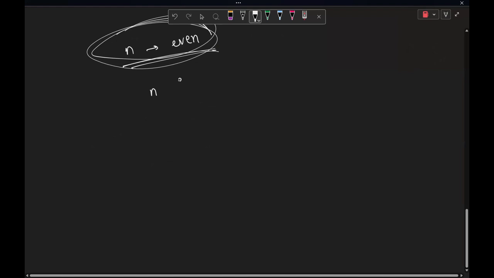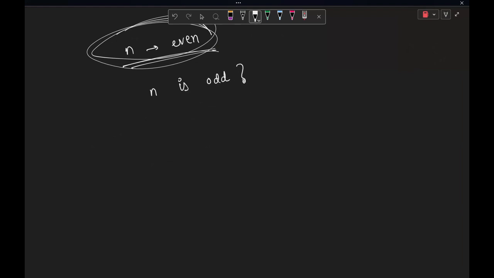Now, what if n is odd? This is the only hard part in the problem. See, the very first intuition you might have is, let's say you took the first n minus 1 by 2 characters, and then you took the exact same n minus 1 by 2 characters here.